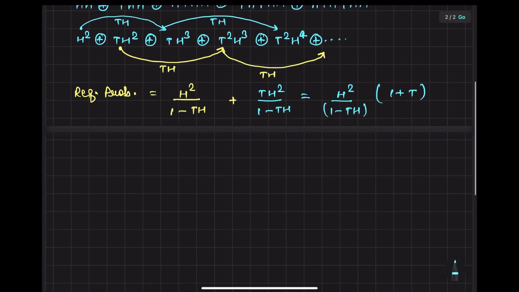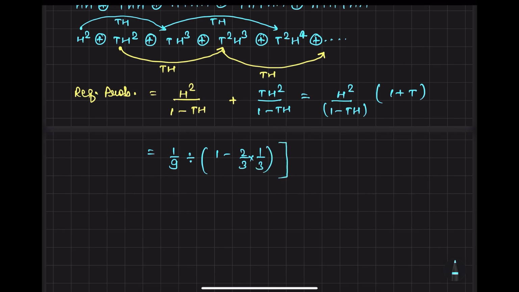Now substitute the values. So you know that the probability of getting head is what? 1 by 3. So 1 by 3 square. So it is 1 by 3 into 1 by 3, and I'll write 9, divided by 1 minus getting tail is what? 2 by 3. Getting head is what? 1 by 3.